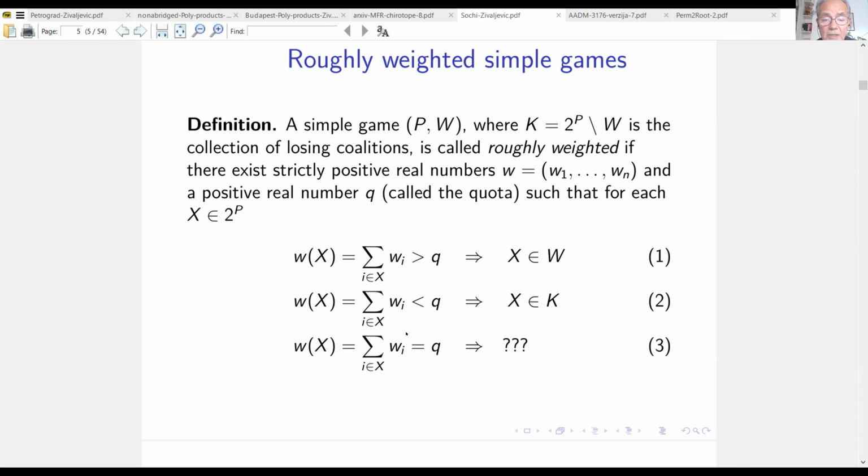If the total weight is strictly greater than the quota, then it is a winning coalition. If the total weight is strictly smaller than the quota, then it is a losing coalition. But if it is equal to the quota, then you have no information. Maybe they will apply some other special rule which is needed to break the tie, to somehow decide whether it is winning or not.